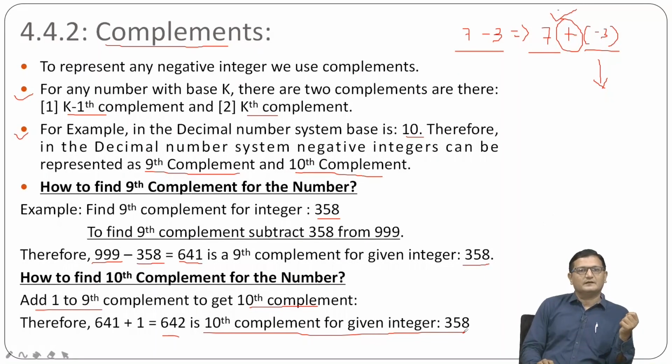Fine. So in the next session we will see how the computer does arithmetic with binary numbers, how it does addition of binary numbers, and how it does subtraction of two binary numbers using 1's and 2's complements.